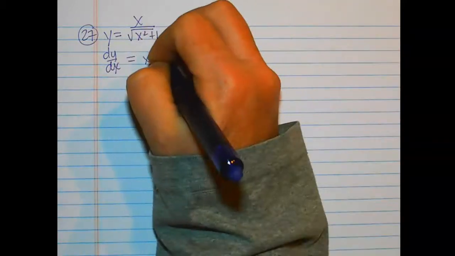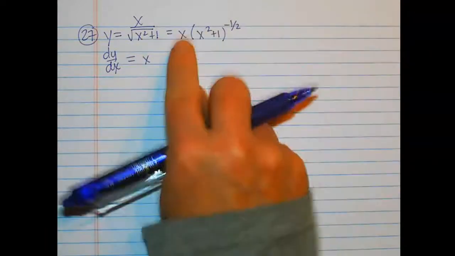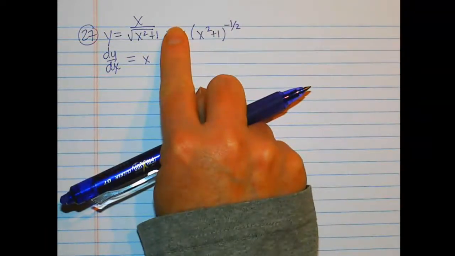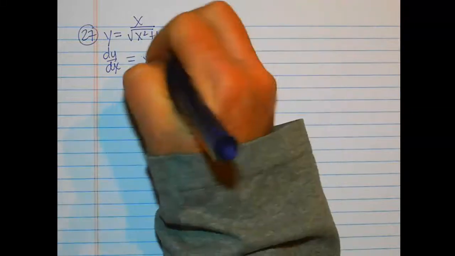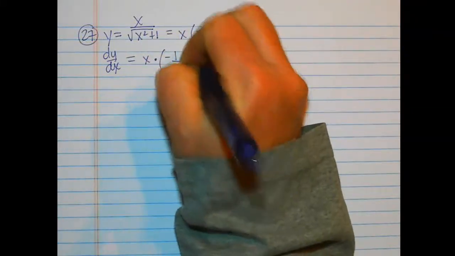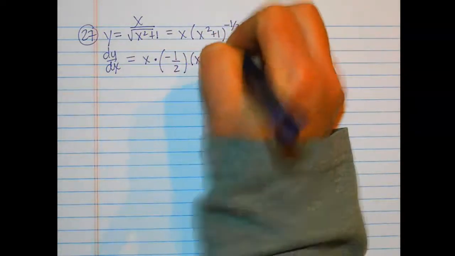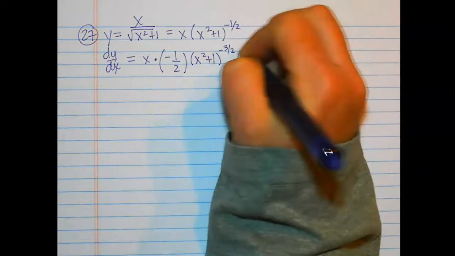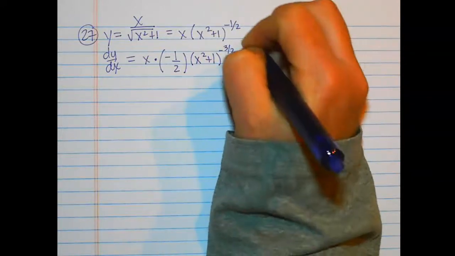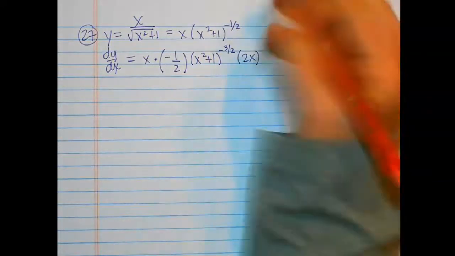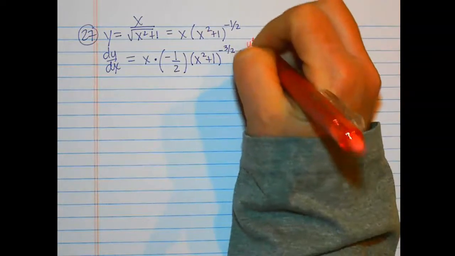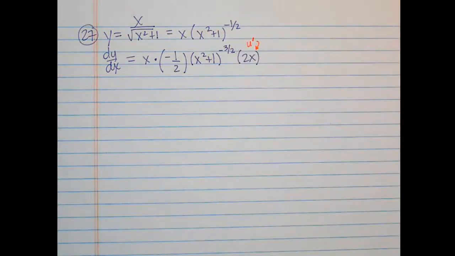I'm going to do the derivative of the second, which is chain rule. So I've done this. It's here. Now I'm going to say negative 1/2 times, keep the baby, new exponent, negative 3/2, times the derivative of the baby. So this is u prime right here, the derivative of the baby.